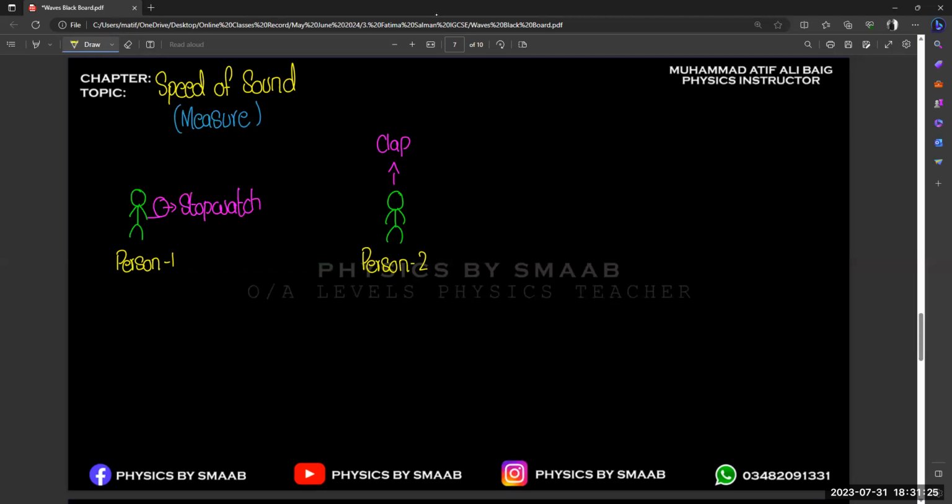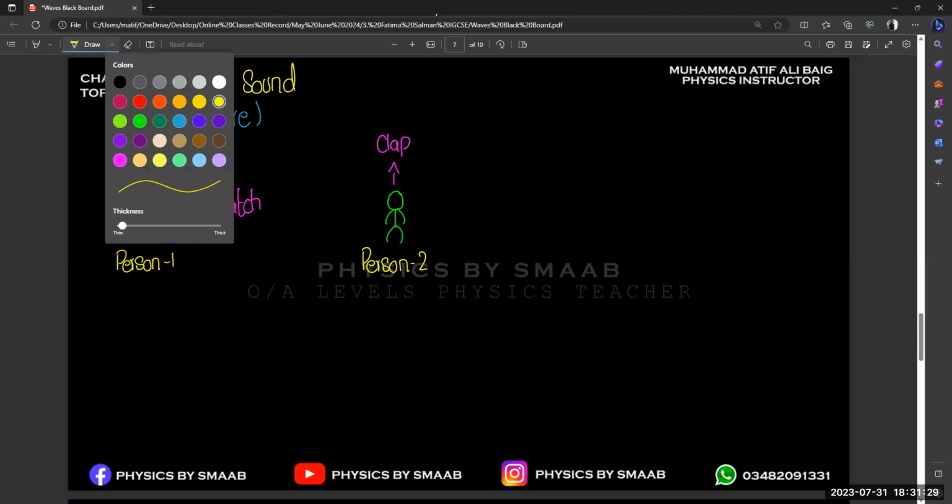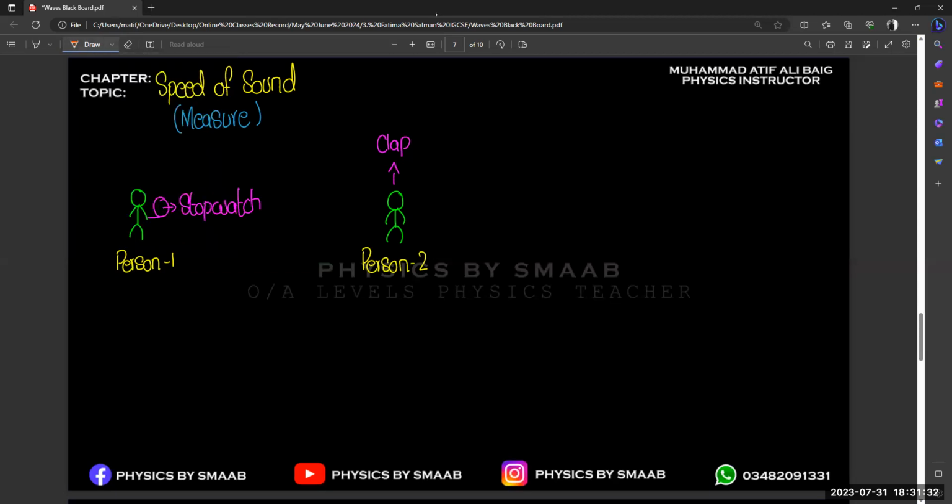No. Okay. So first of all, we need to measure the distance between the two persons, right? This is our first main concern. First of all, we need to measure this distance.